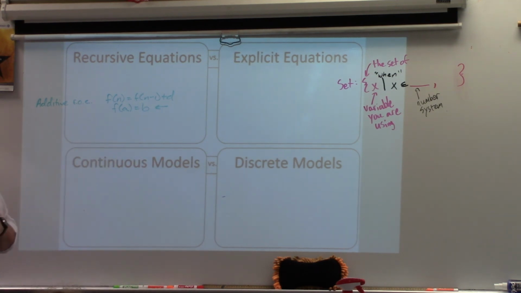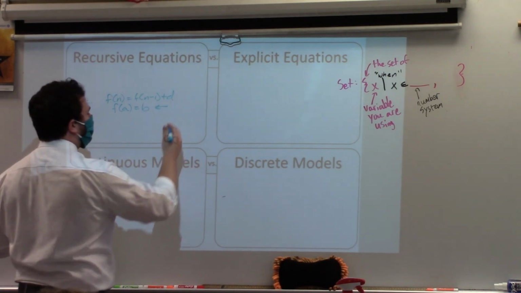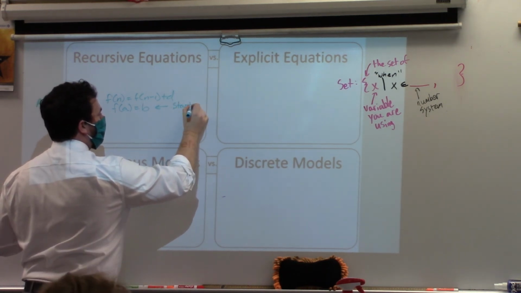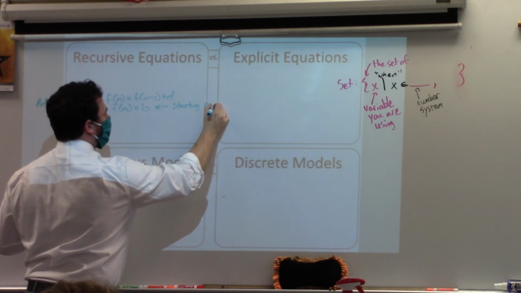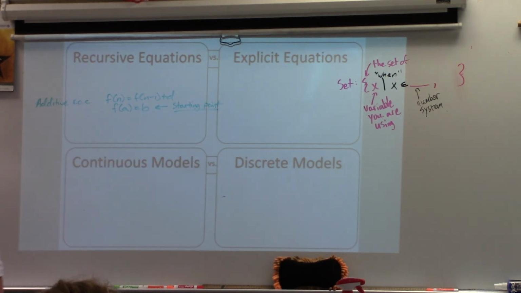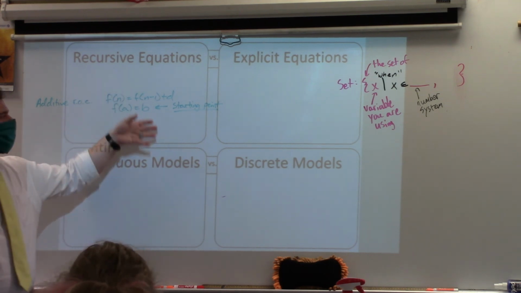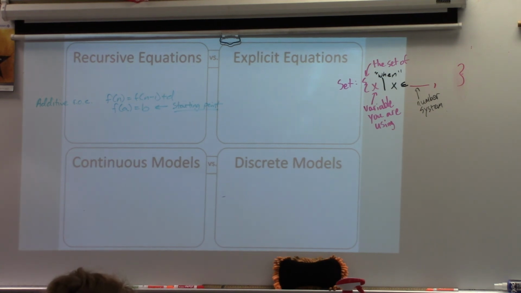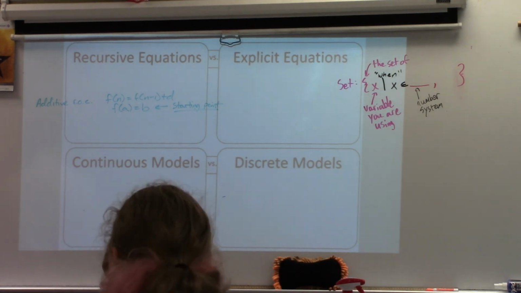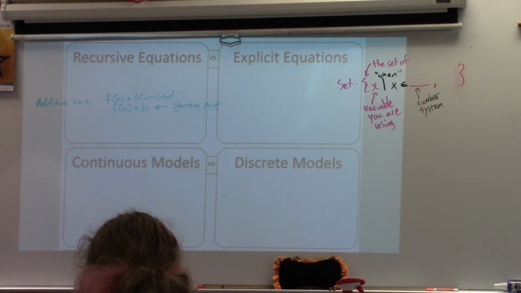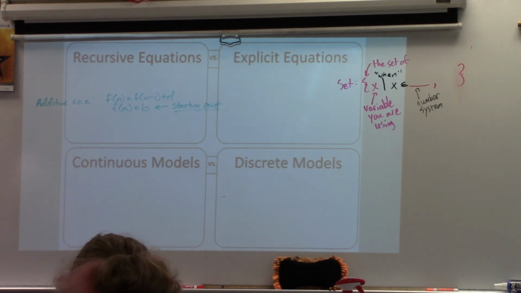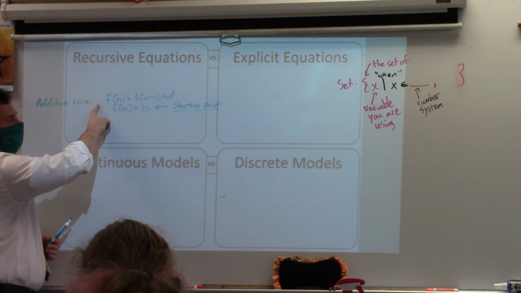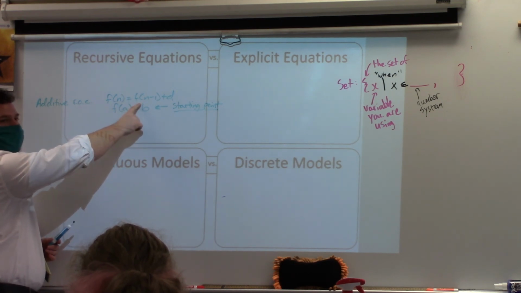Starting point. We're defining our starting point. So what is f of n equaling f of n minus 1 plus d doing? Well, it's the current output equaling the previous output.